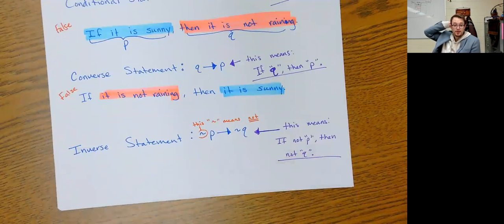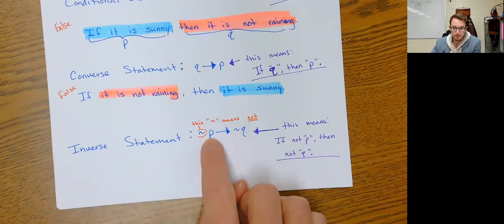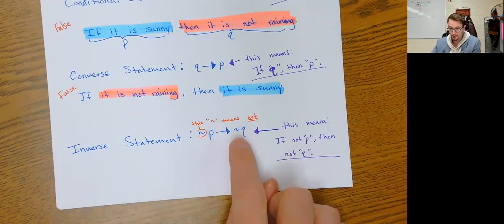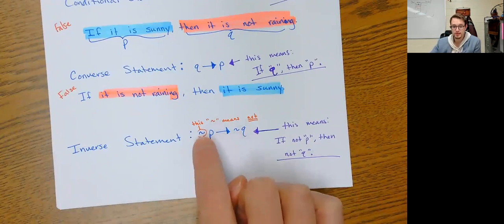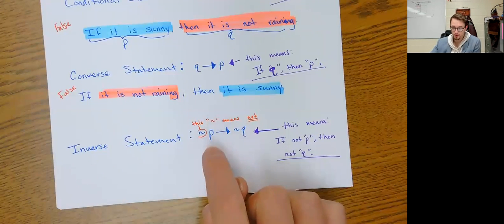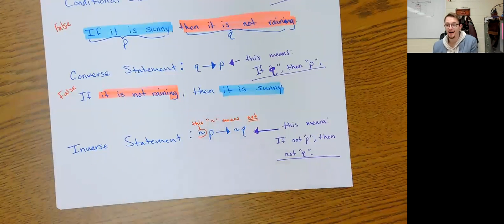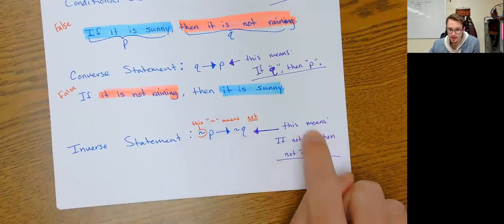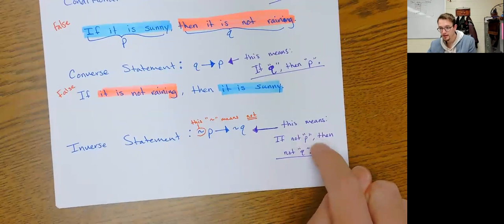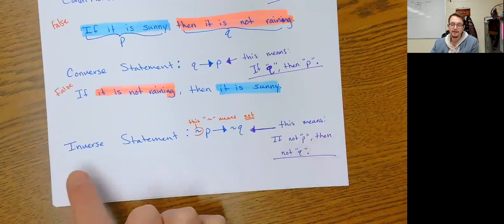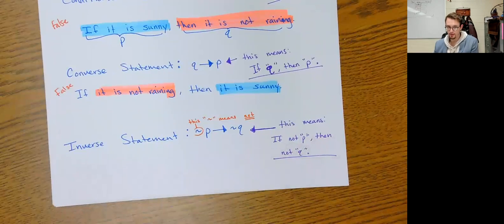An inverse statement is tilde P implies tilde Q. That tilde symbol on a keyboard means not. So this means if not P, then not Q. We're going to do the opposite of it. We're going to invert it.